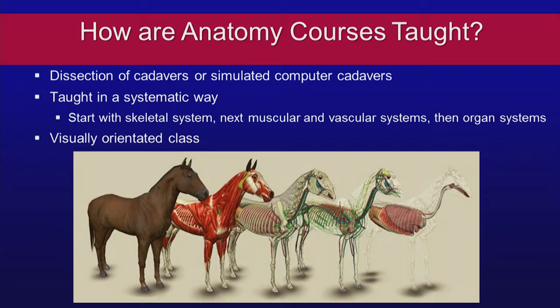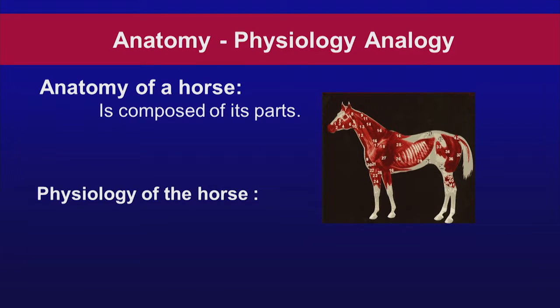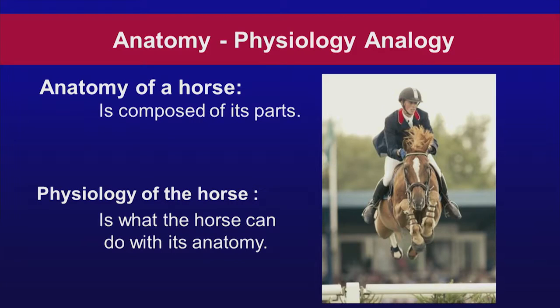And so it's a visual orientation type of classroom that you have as you dissect the animals to identify these different structures. So that's anatomy. It's the parts of the horse. But physiology is what the horse can do with those parts.